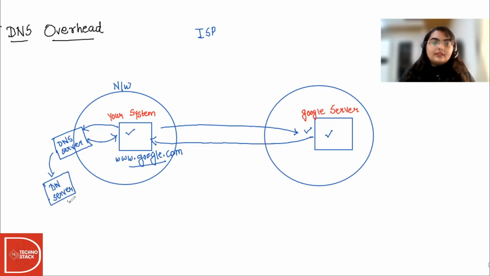If this also doesn't have it, it will ask a third one, and this chain will go on. If none of the DNS servers have the particular IP address, then there is one root server which will have all the IP addresses, and it will provide the necessary IP address back, which will in turn be routed to your DNS server and to your system.